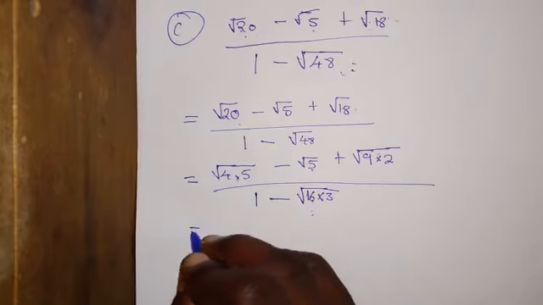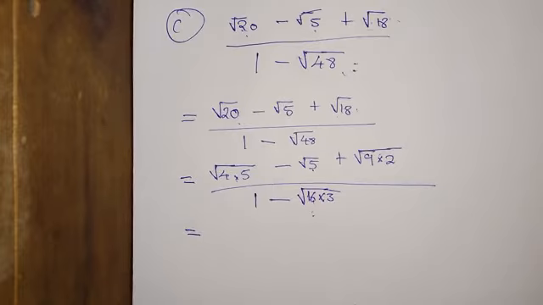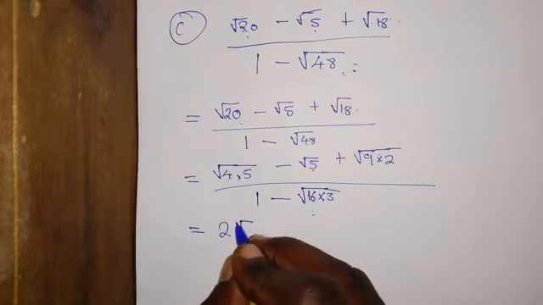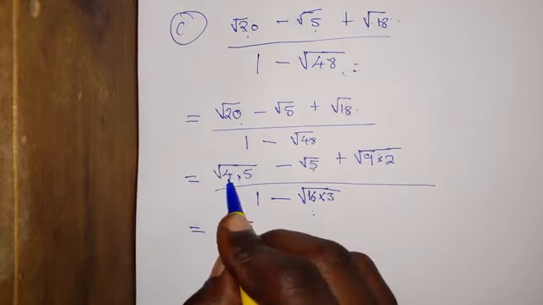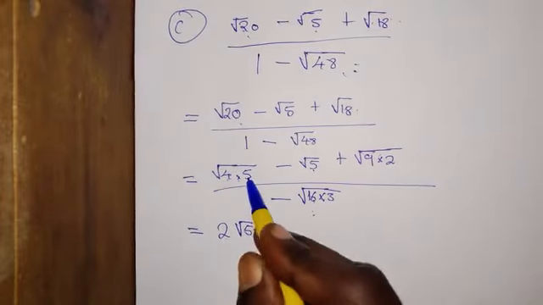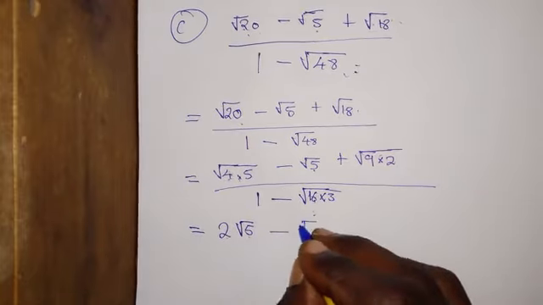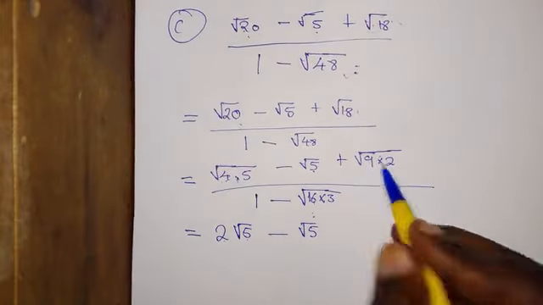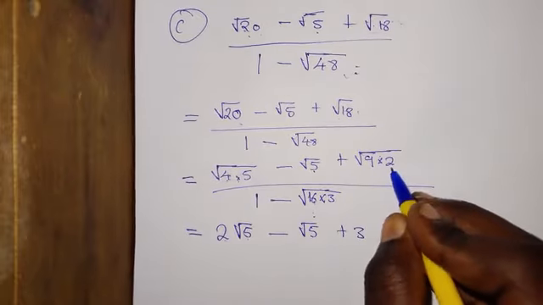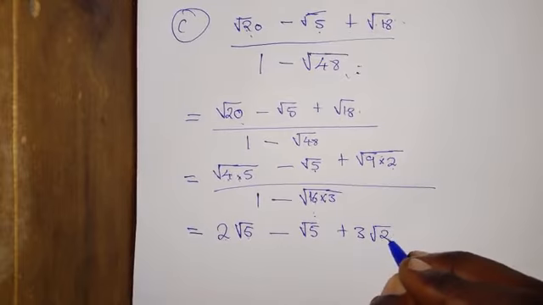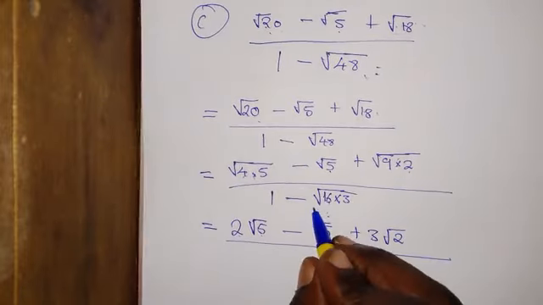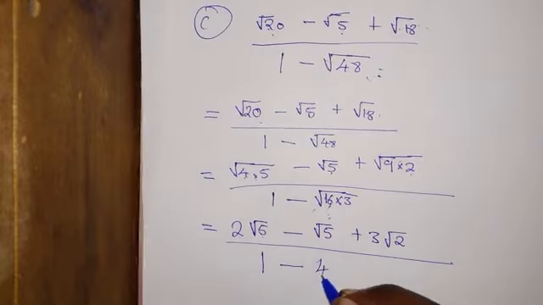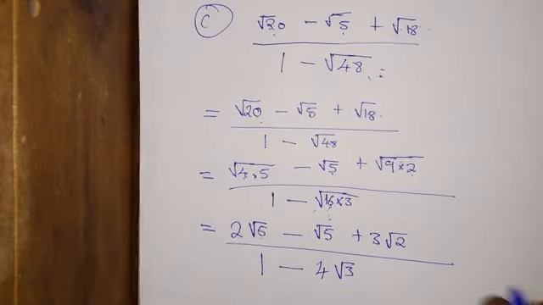So simplifying it further now, according to the properties of SADS, this is basically the root of 4, which is a 2, root 5. 4 is a perfect square, so the root of 4 is a 2 multiplied by root 5, minus root 5, and then the root of 9 is basically a 3, and we're remaining with root 2 in there, over 1 minus the root of 16, which is a 4, and you remain with 3 there.